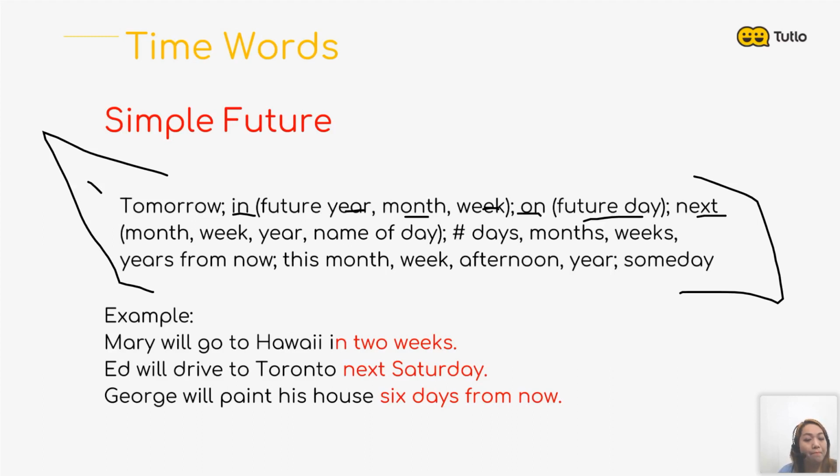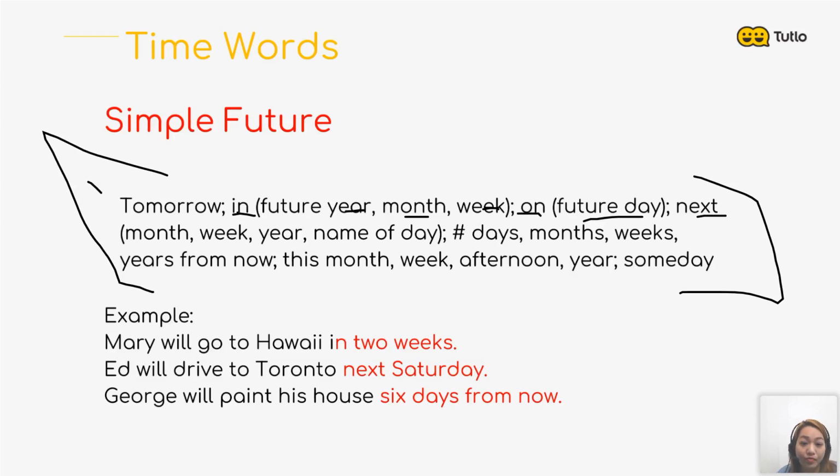Example: Mary will go to Hawaii in 2 weeks. You see, in 2 weeks. Ed will drive to Toronto next Saturday. George will paint his house 6 days from now.